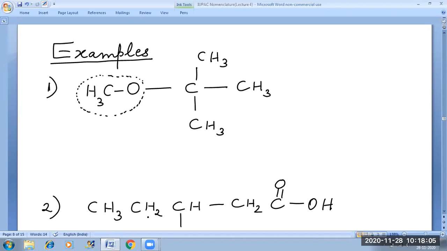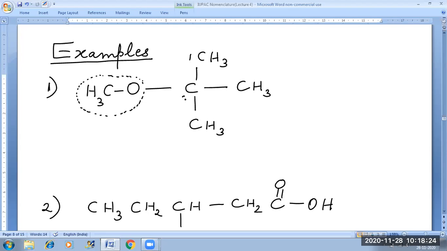I just see carbon and hydrogen atoms, which clearly makes me understand that I'm supposed to follow the normal system of nomenclature that we follow for hydrocarbons. So 1, 2, 3. This is the normal way of numbering because there is no other principal functional group.